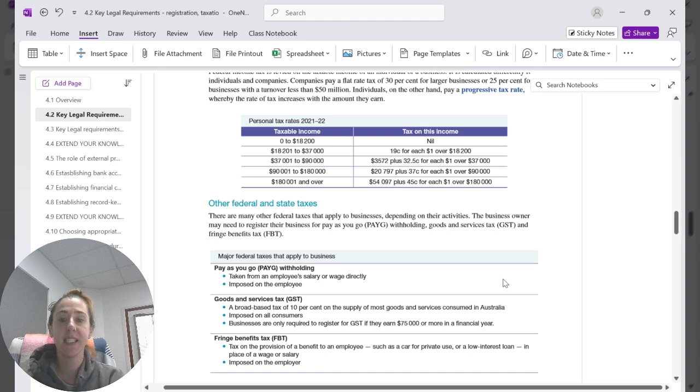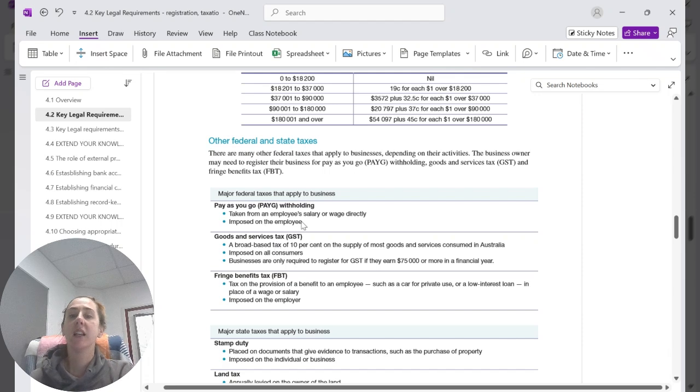There are many other federal and state taxes that apply to businesses depending on what you do. As a business owner, you might need to register for pay-as-you-go withholding, or PAYG, goods and services tax, or GST, and fringe benefits tax, or FBT.